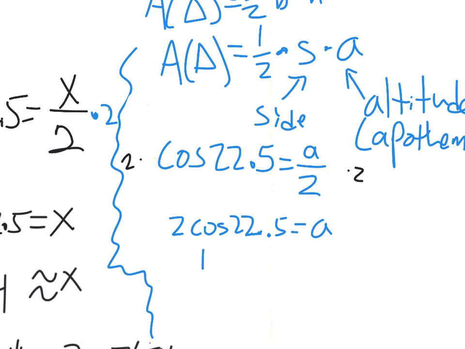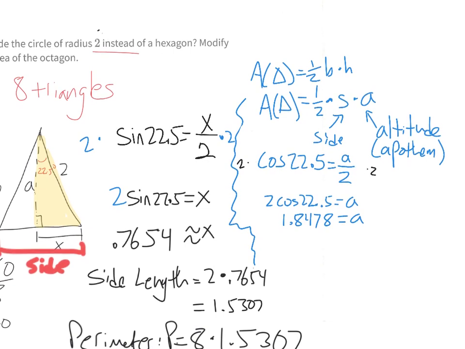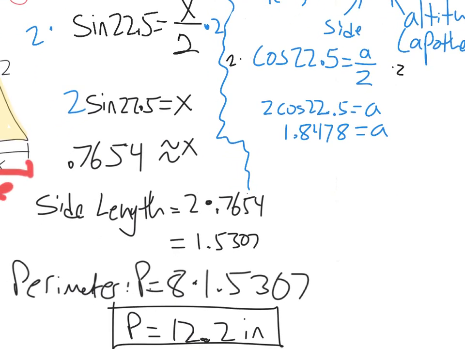And that's going to give us 1.8478. We'll round it off. All right, so there's our altitude. Well, now if we want to find the area, we have 1/2 times the side times the altitude, or the apothem. Well, we know the side, right? We found the side length right here. So there's our side length.